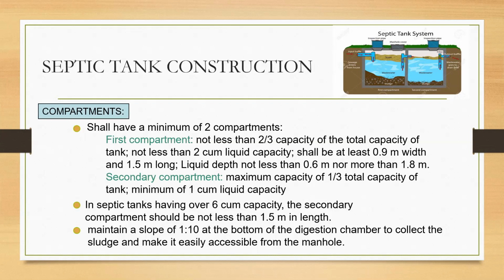Okay? So, in terms of cubic meter, the volume minimum of the digestive chamber is 2 cubic meters, while that of the leaching, the minimum is 1 cubic meter.